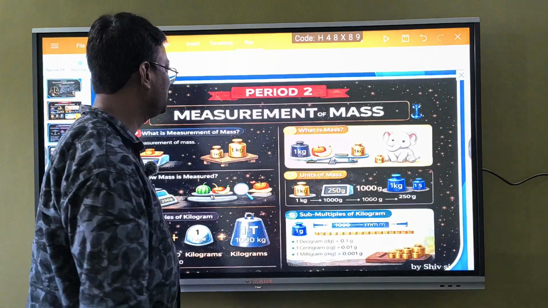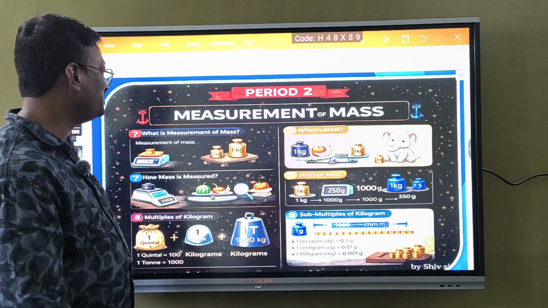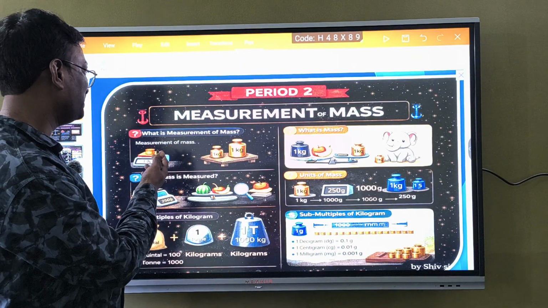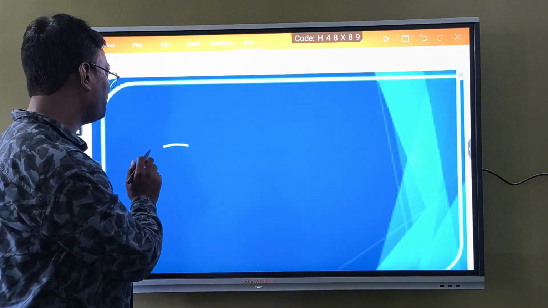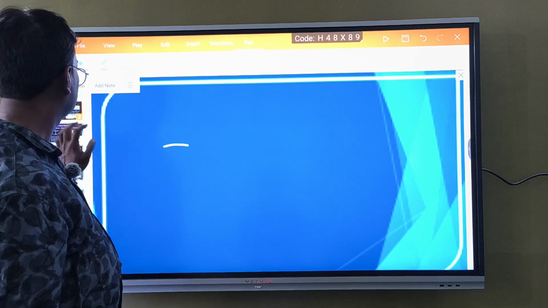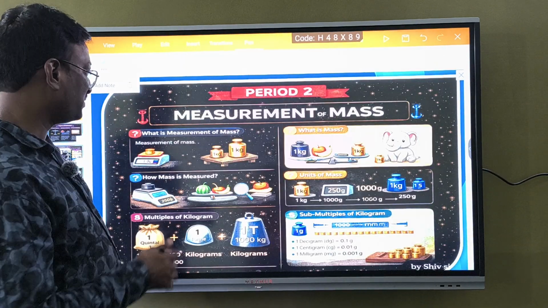The first thing is the measurement of mass. So what is measurement of mass?